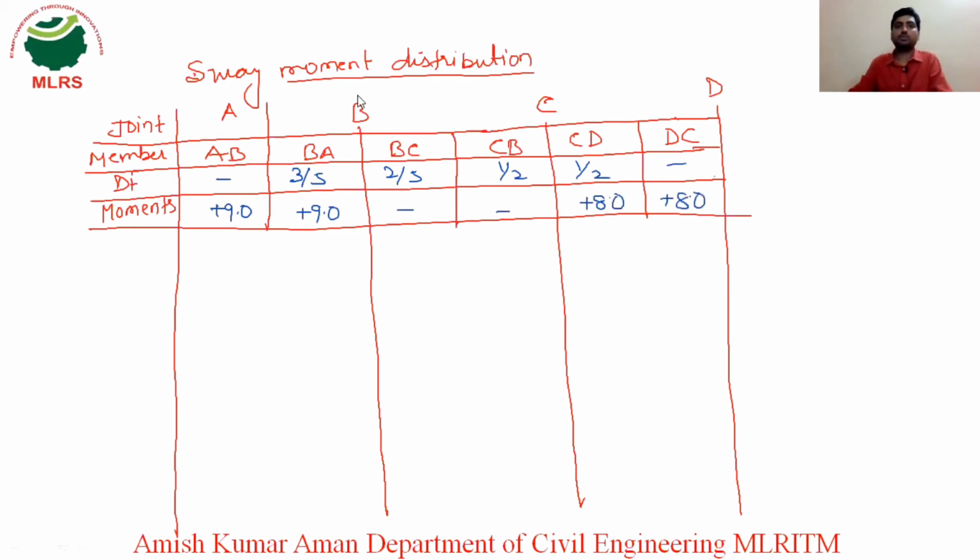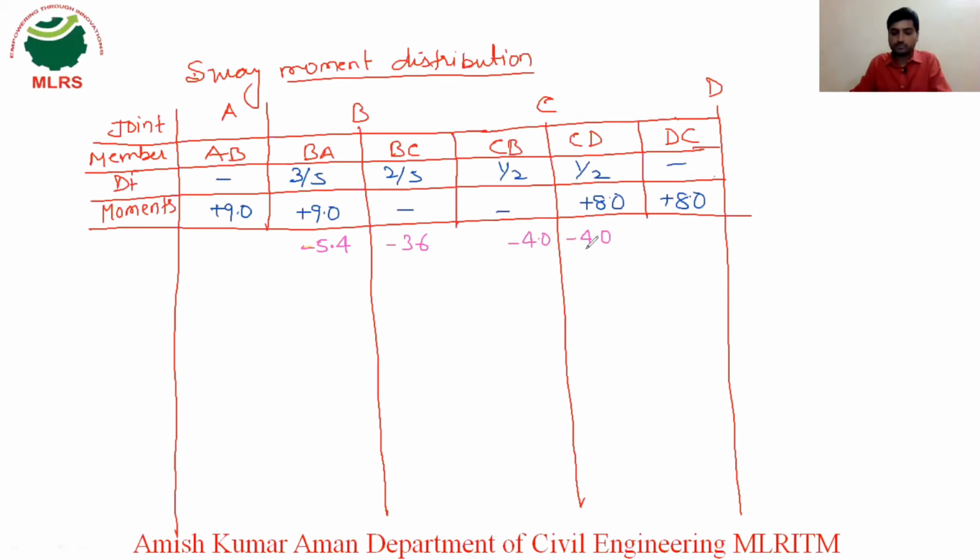Now we need to distribute these moments. We will distribute this plus 9 moment according to the distribution factor. When you distribute with opposite sign, you will get here minus 5.4 and here minus 3.6. Similarly, if you do it here, you will get minus 4.0, minus 4.0.